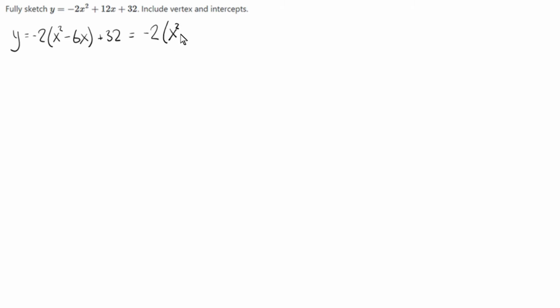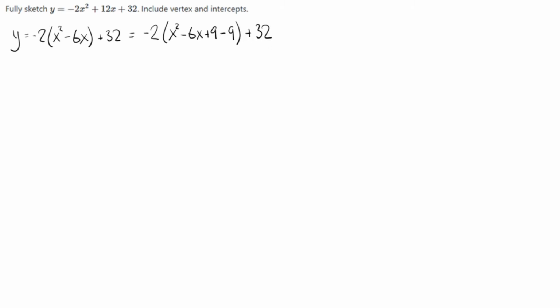The way to do that is we take the coefficient in front of x, negative 6, divide it by 2, giving us negative 3, and then we square it, which is positive 9. Then we add 9 and subtract 9, which really means that we're not adding anything, right? So plus 32.